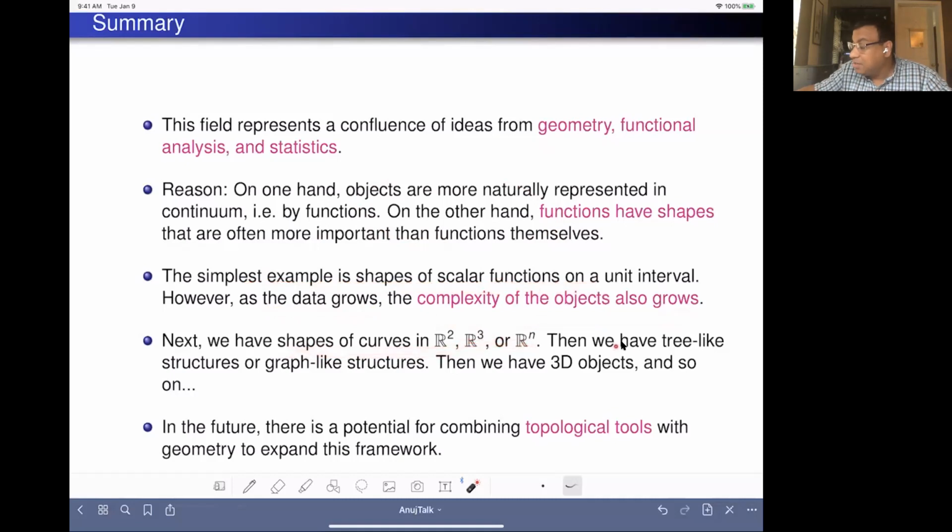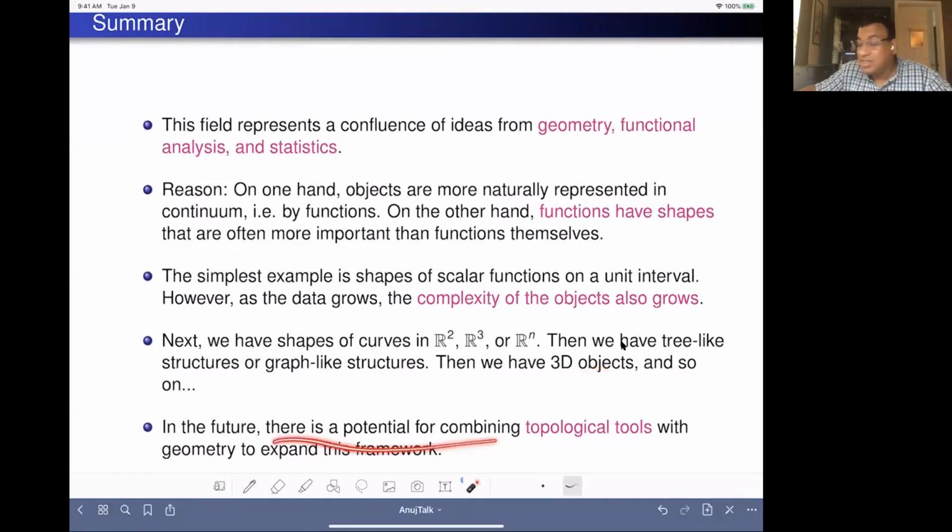But then the complexity grows and we have graph-like structures, we have trees, or we have road networks, or brain artery networks, or vasculatures in retinal images. Then we have three-dimensional objects like human bodies or faces or other surfaces. And then we can even imagine these 3D objects with some branching structures. And so it gets even more and more complicated.